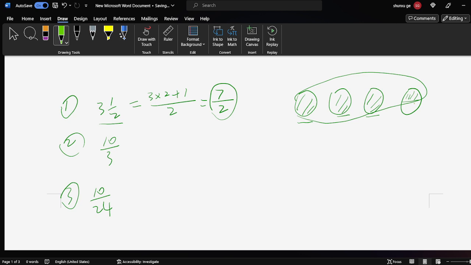This is 1 over 2, but every pizza we cut into 2 parts. Totally we can calculate. 1, 2, the 2 parts. 3, 4, 5, 6, 7. Totally here, 7 parts.